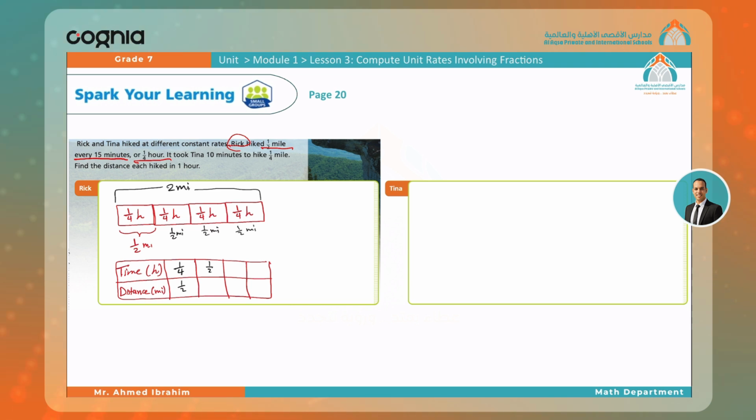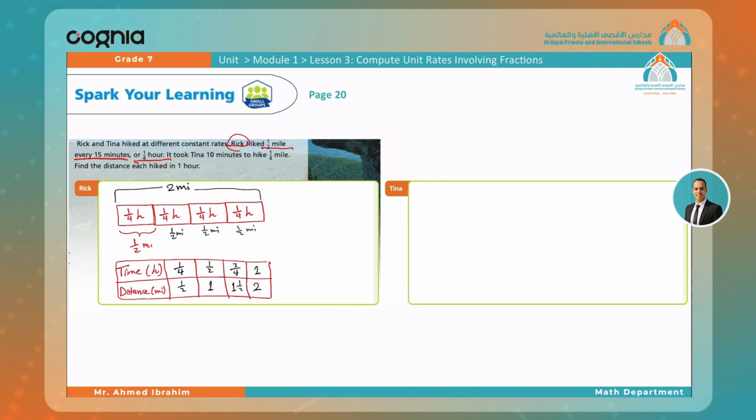After half an hour, Rick hiked another half mile, which is 1 mile. And after one more quarter, which is 3/4 hour, that will be 1.5 miles. After one more quarter, that will be a whole hour. So after 1 hour, it will be 1/2 more for the miles. So it will be 2 miles.